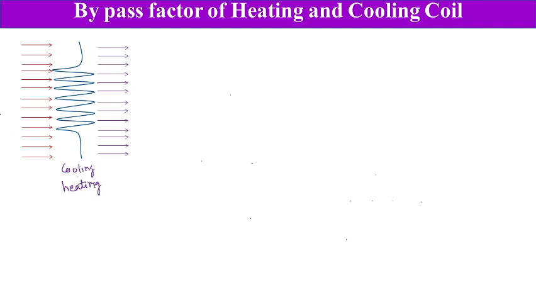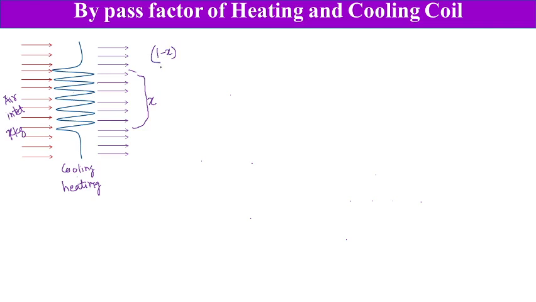So the air which is passed, say for example air inlet, this air which is passed over the coil, out of 1 kg of air we are passing, only x kg is passed over the coil, whereas 1 minus x kg is not passing over the coil, or that is not coming in contact with the coil.